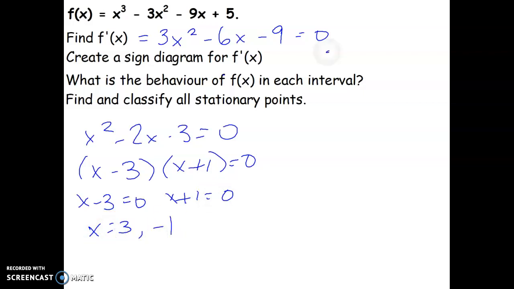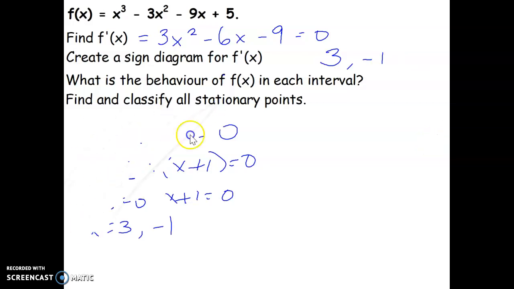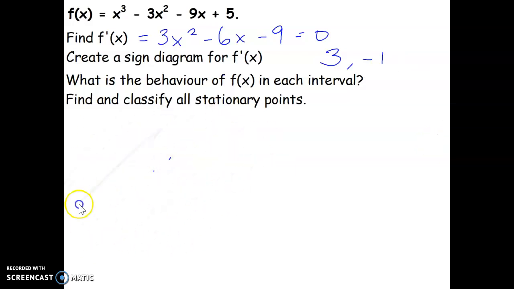Okay, so I'm going to move those up here so I can create some more space. 3 and negative 1 are the values that I need to create my sign chart. So let me get rid of my factoring. Okay, so on my sign chart right now, I have negative 1 and I have 3.